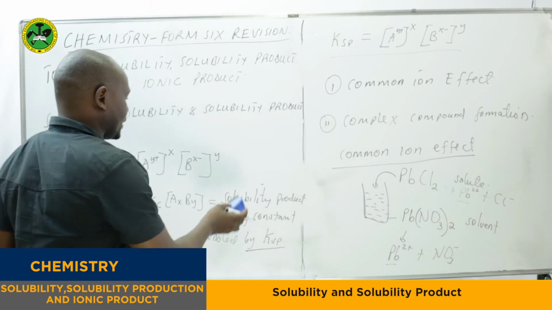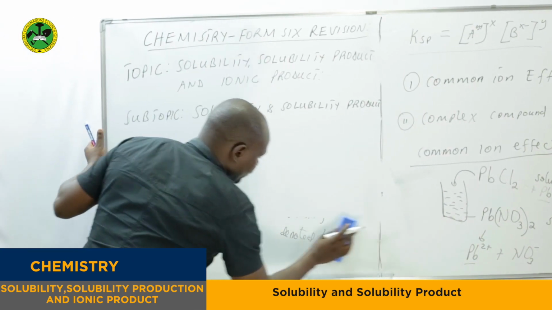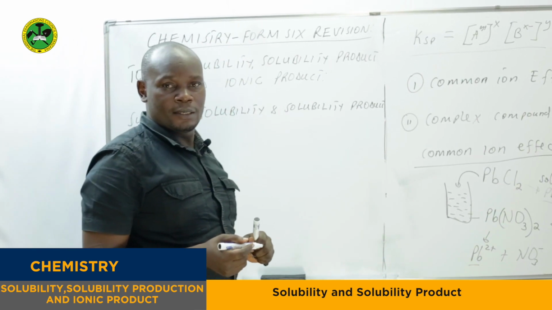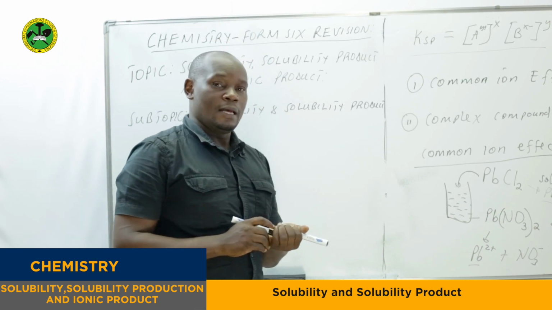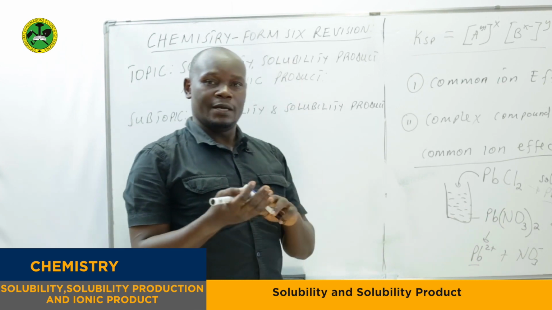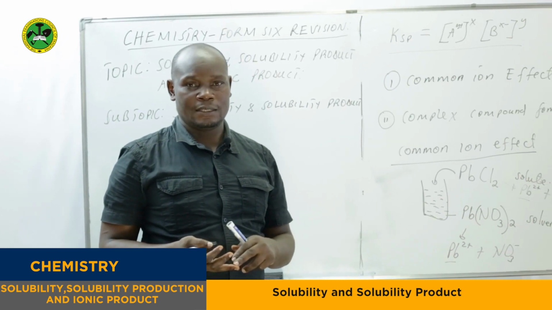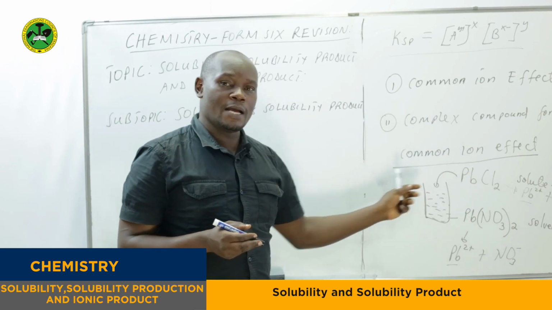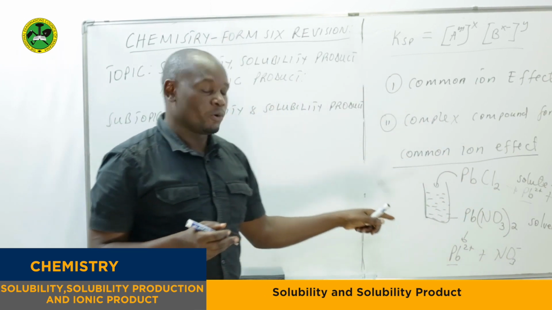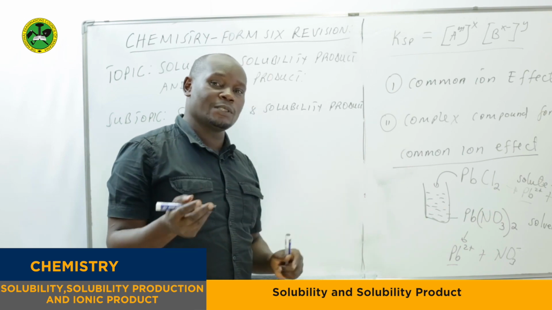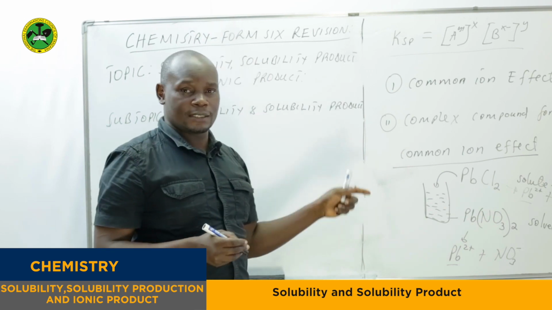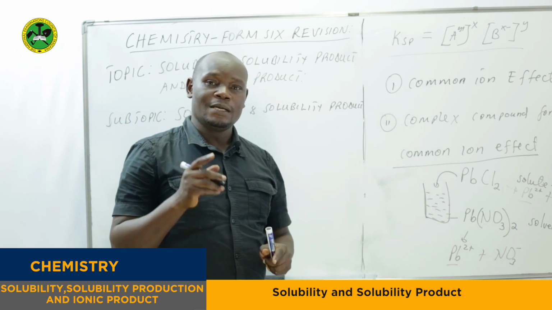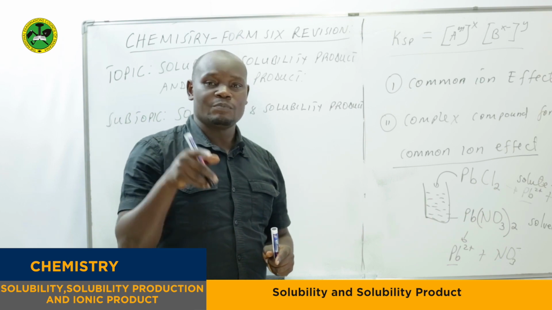Another factor is the formation of complex compounds. Normally, a complex compound is a compound which is made up of a central metal atom and ligands. Most ions, when added into a solution containing other ions in excess, have a tendency to form a complex compound which is soluble.